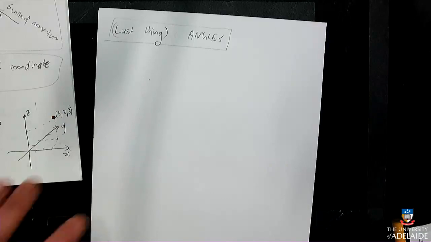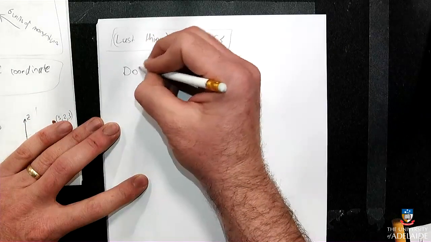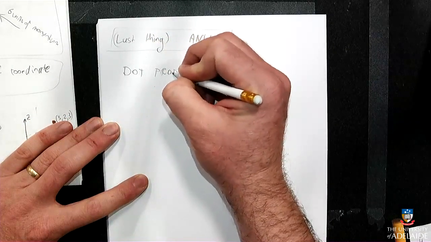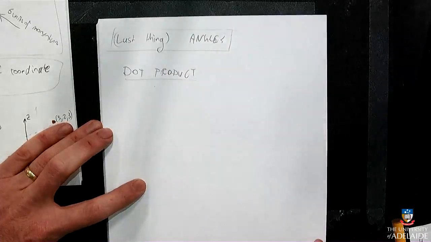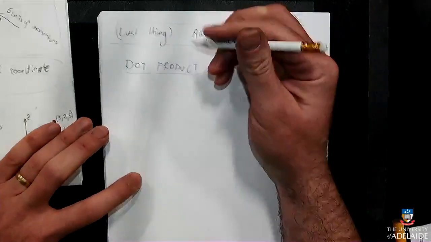So here we go. The dot product of two vectors. So let's see.